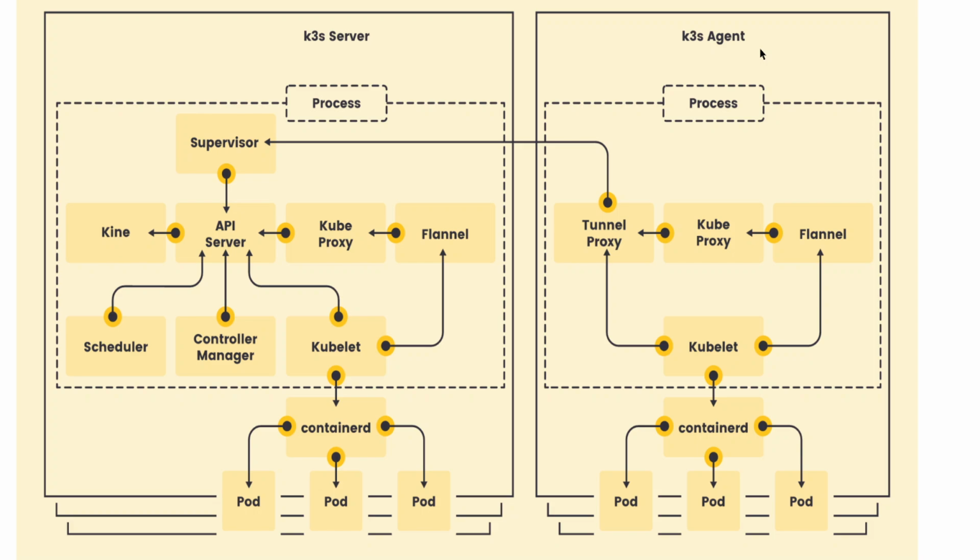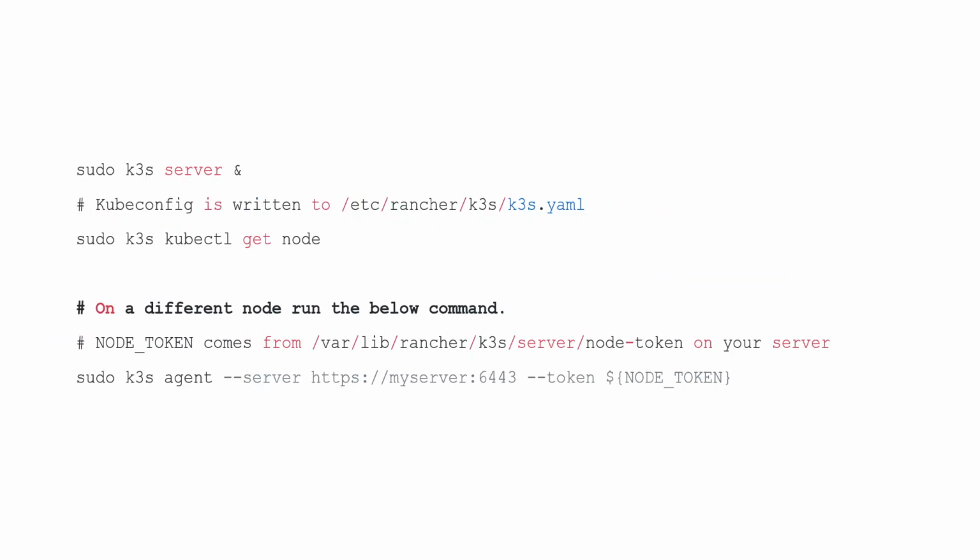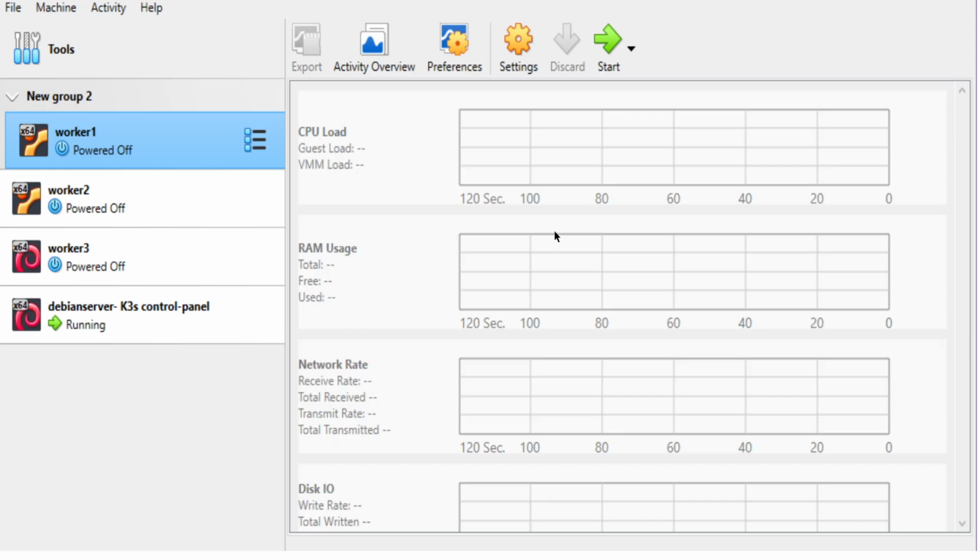The K3S agent similarly has a kubeproxy and a tunnel proxy to communicate with the process of K3S server, and K3S agent also has a kubelet, and you can run pods using containerd. So that's K3S architecture. So you install K3S with this single command. It takes less than 30 seconds or so, and usually K3S is installed in all the nodes. So for this, I have a VirtualBox running where I'm running one K3S control panel.